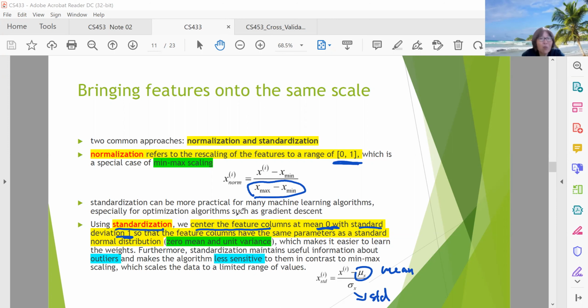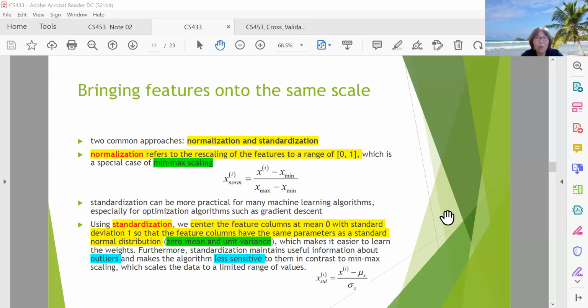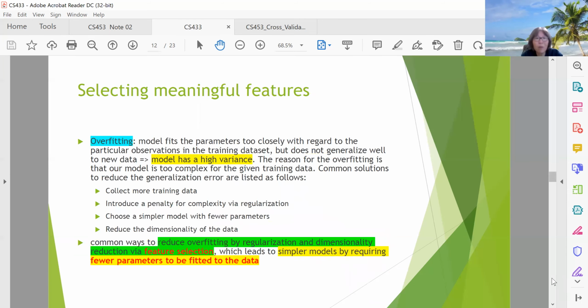Basically, it tries to center the feature around the mean 0, to do some translation, but with a certain standard deviation, here is 1. So it tries to bring the sample to a normal distribution. That's what standardization is used for.